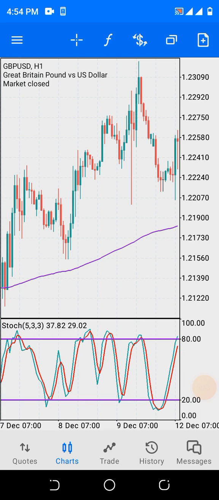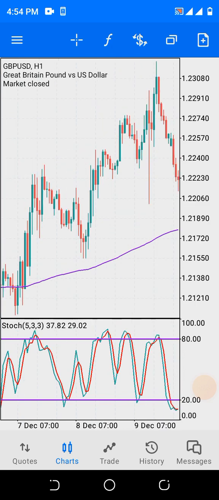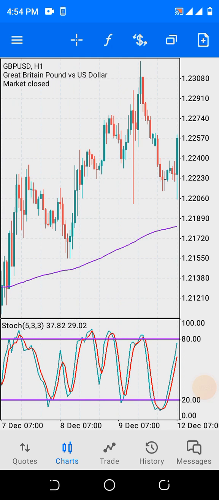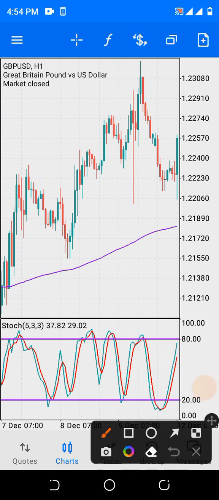Now, in this case, for instance, let's start from here. This is oversold here. Here is oversold, where you need to make your buy entry. Make your buy entry, trace it up.